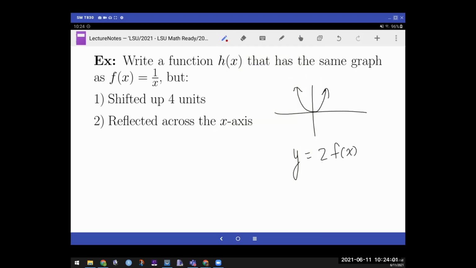Now you've essentially doubled the height at each point. So whenever it was here, it's now going to be here, and it's just going to be a steeper version. Or you could multiply it by, let's say, a half, in which case you would have a flatter version.